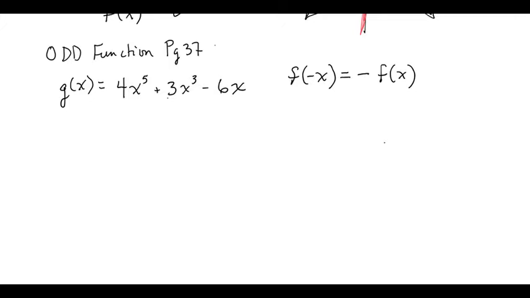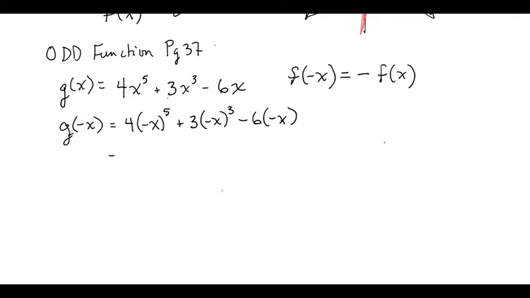It's just denoting a different function. So let's substitute in negative x in our g of x function. So wherever there's an x, we're going to substitute in a negative x, like so. And we go to simplify it.